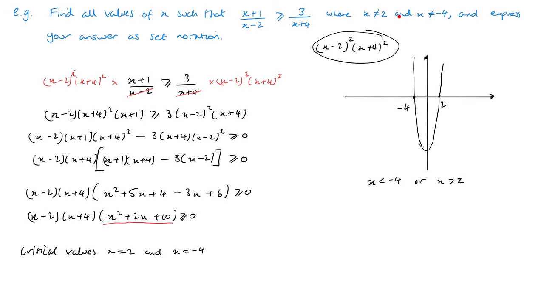You know, refer to the question. If this was between two values, then one might have an equals, and then this one wouldn't because it cannot equal that value. Now, in terms of set notation, then we want to write it out like this in its largest form. So x less than minus 4.